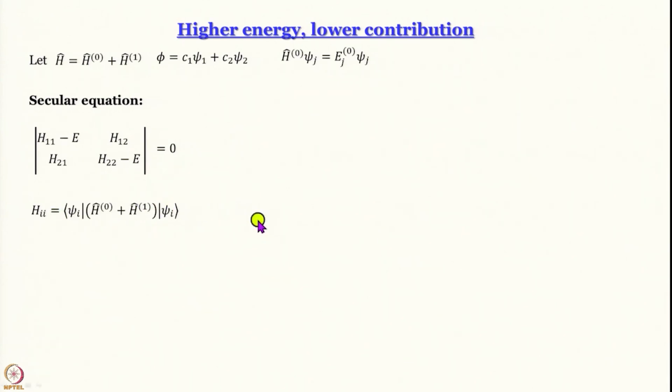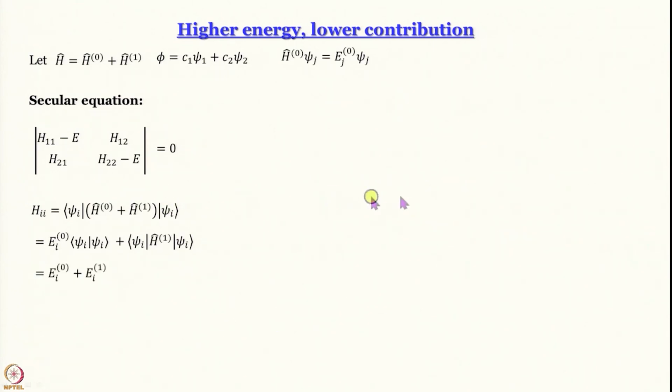This is what HII is, two terms. The first term I hope you can see without much hassle, we have done it just now. The first term is Ei 0th multiplied by the integral of psi I star psi I over all space, which is equal to 1, plus the integral of psi I, first order correction to the Hamiltonian operating on psi I. So, what is the second term?